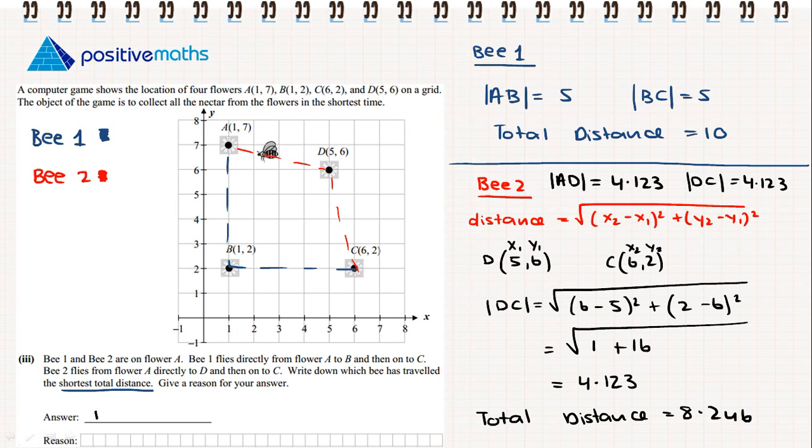So our answer for the shortest distance is going to be B2. The reason for our answer is that the distance AD plus the distance DC is less than the distance AB plus BC.